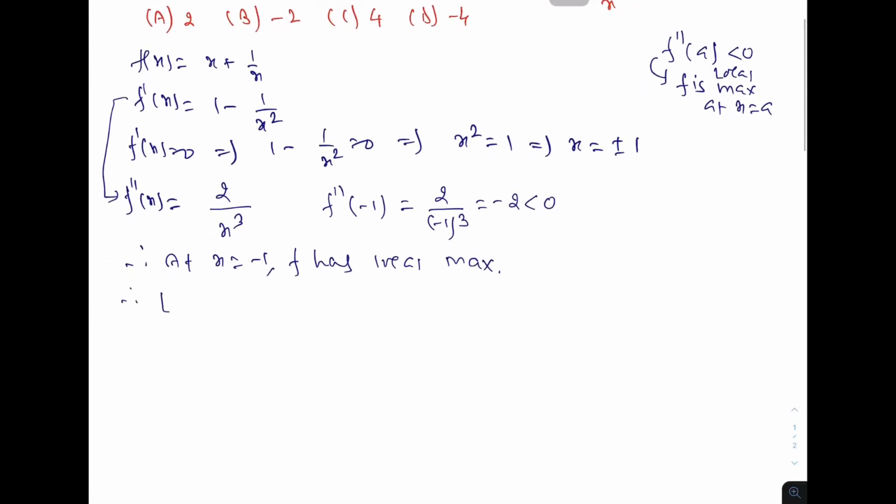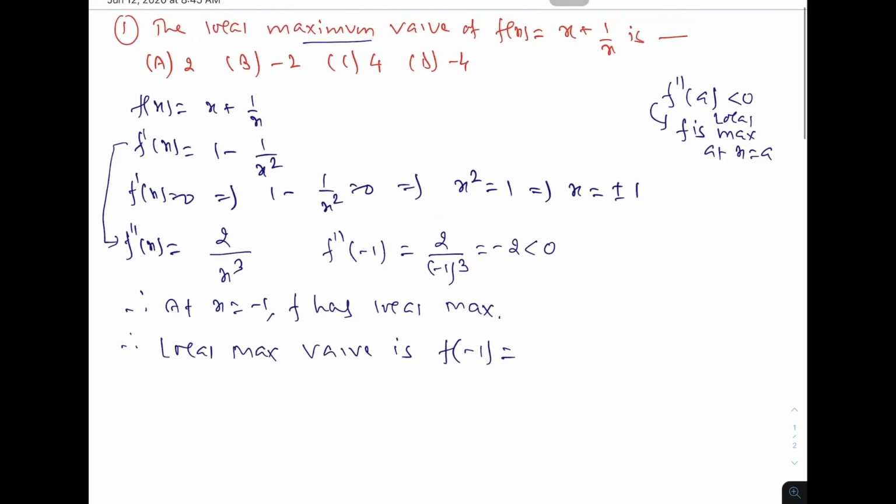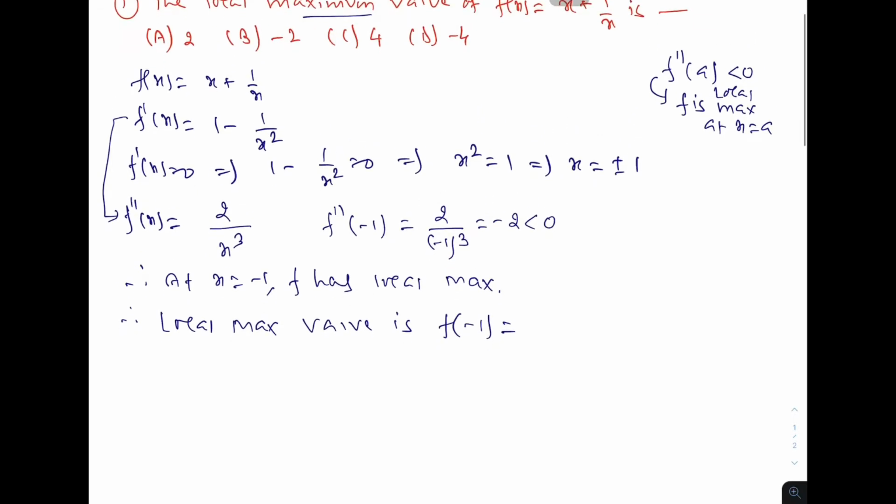So therefore local maximum value is f of minus 1, and f(x) is x plus 1 over x. So f of minus 1 is minus 1 plus 1 over minus 1, and so that is equal to minus 2. So minus 2 is the local maximum value.